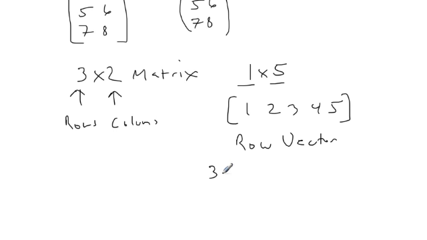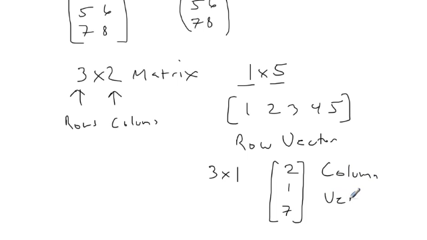If it's something that was, say, 3 by 1, that might look like 2, 1, 7, and that is a column vector. Typically, when we represent vectors, it's almost always useful to represent them as column vectors. So you'll see that pretty often. Row vectors, you'll definitely see them, but they are not quite as common as column vectors.